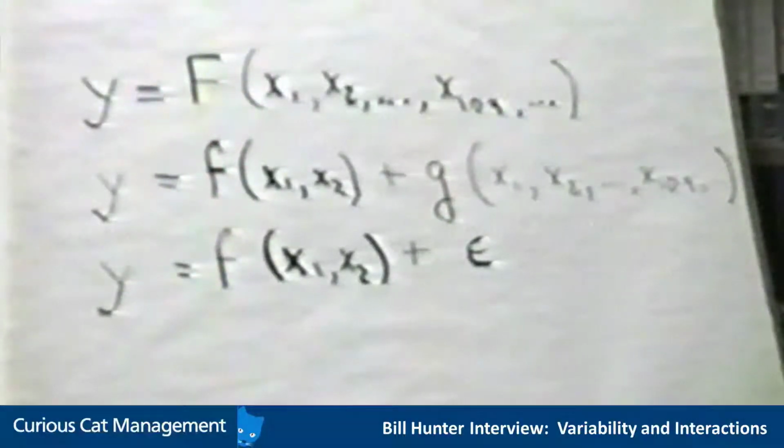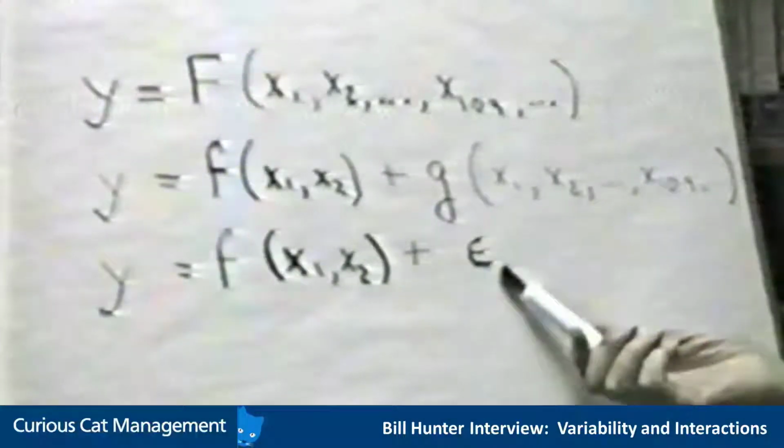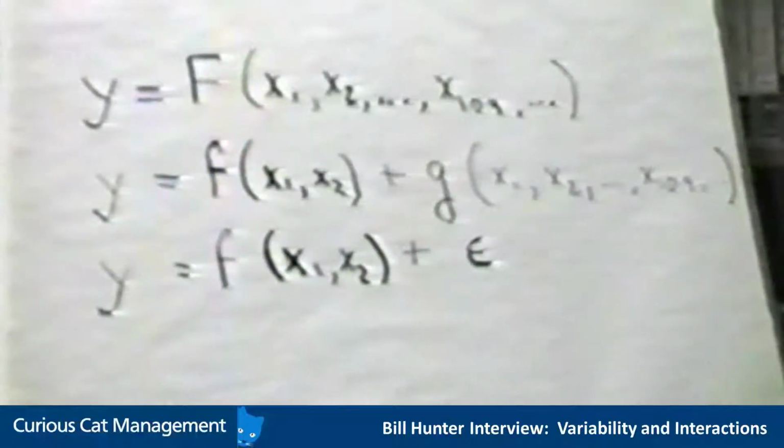There is some justification for some of these assumptions, like normal error and so on, because errors, when you look at them in practice, do tend to be normal. However, they don't tend to be independent, which is a key assumption that's often made.